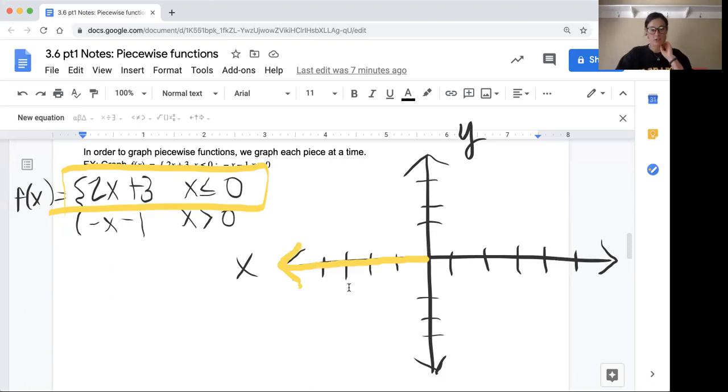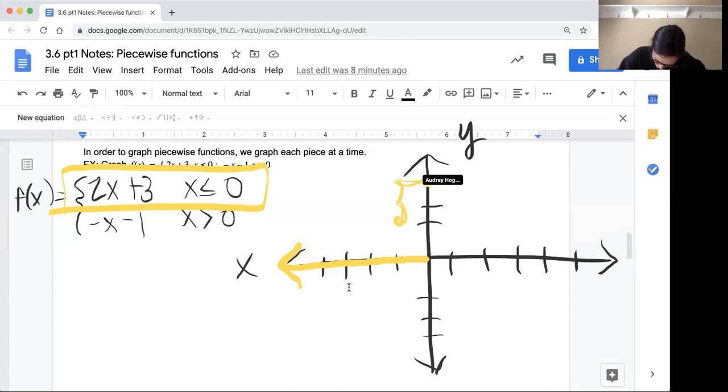Thankfully, my equation is already in slope-intercept form, so that's easy, because I know my y-intercept is going to be 3, and my slope is going to be 2. And instead of counting rise over run and moving this way on my graph, I actually cannot do that because I know my graph doesn't exist over there. So instead, it's going to be over 1, down 2. Because if I start at this point, I would have rise 2 over 1.